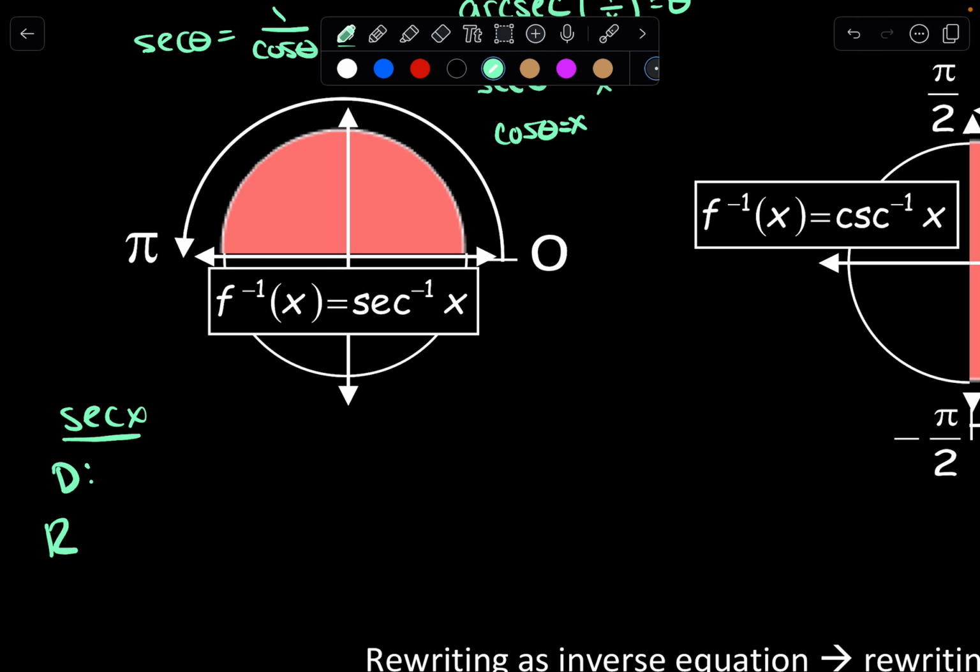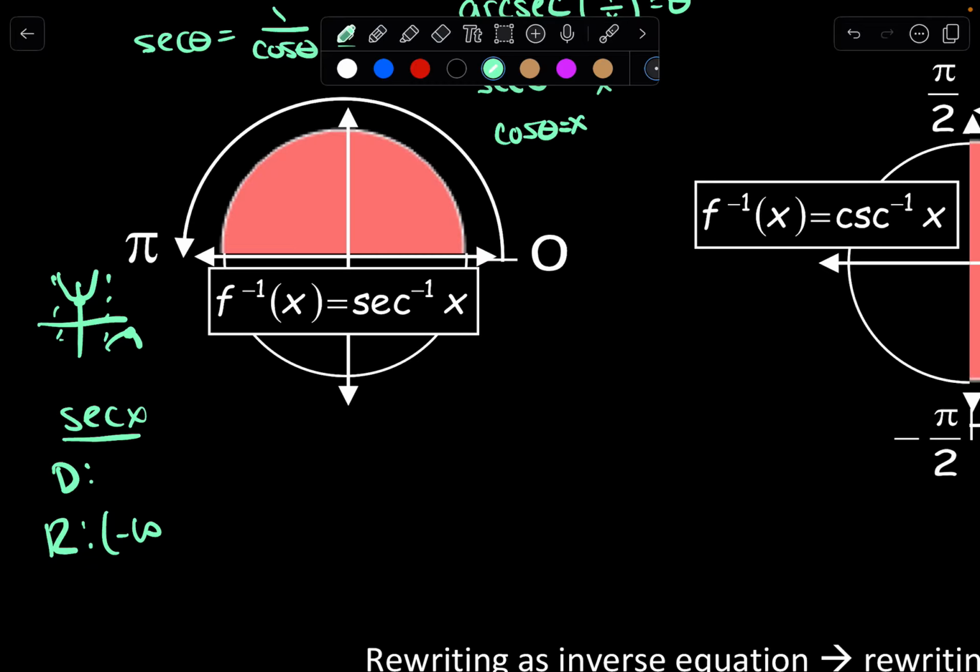As far as the restriction for domain and range, if you think back to secant, it's going to look something like this. And because it's the reciprocal of cosine, the range is going to use all the values that cosine did not, except for +1 and -1.